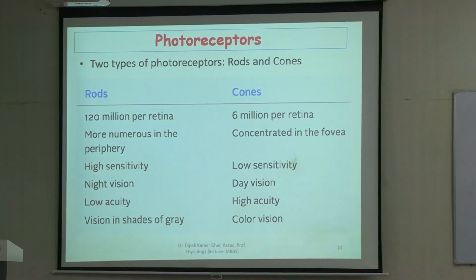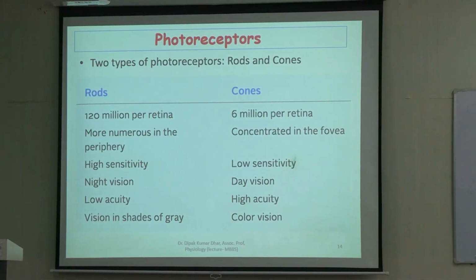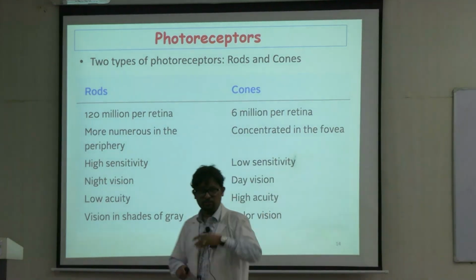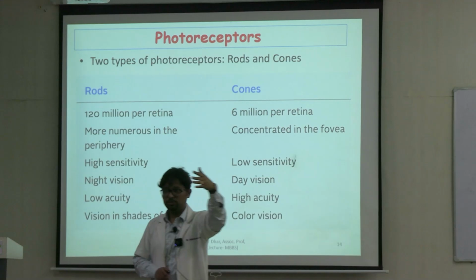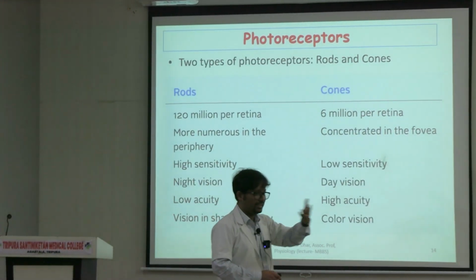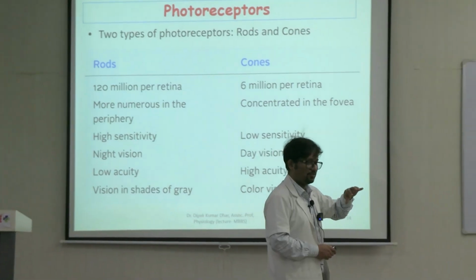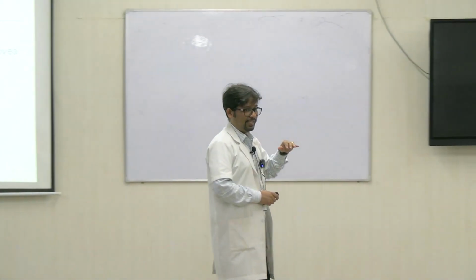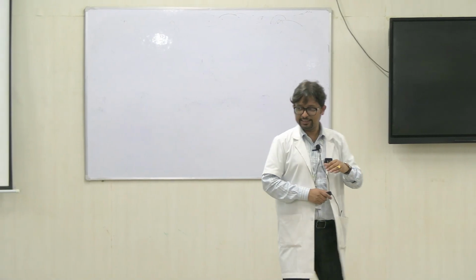Cones are concentrated in the fovea. In the last class we also gave one example that whenever you are not able to see anything, what do we do reflexly? कोई चीज जब दिखाई नहीं देती तो reflexly what do we do to our eyes? We make it small like this ना, ऐसे देखते हैं हम लोग.